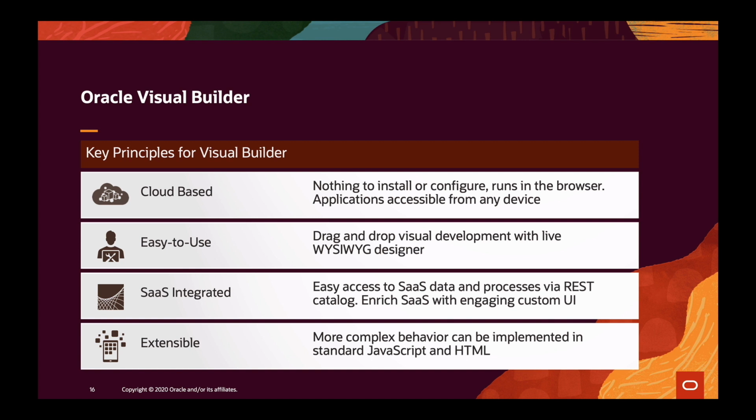Visual Builder is an easy-to-use cloud-based service that is available as a standalone service and also included in the Oracle Integration Cloud. There is no software to install, and you can start building applications and extending Oracle SaaS applications just using a browser. Behind the scenes, it creates JavaScript code for your applications. We have lots of our Oracle SaaS customers using this service to extend their SaaS applications.